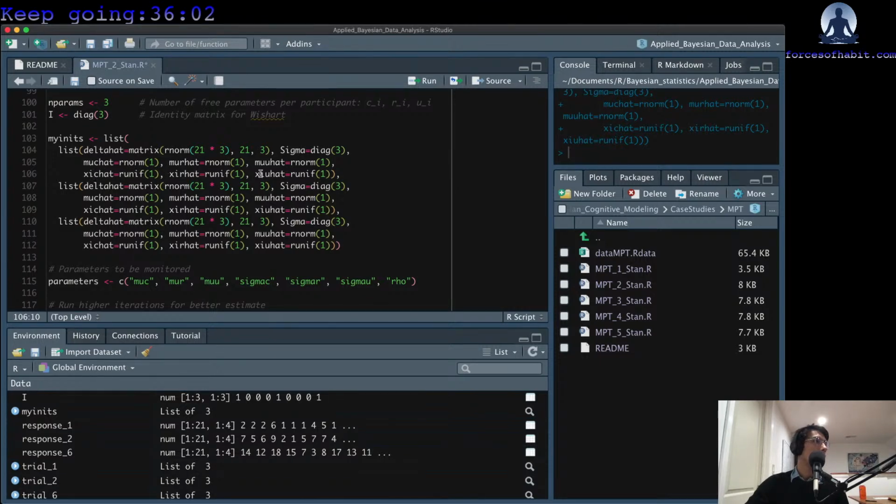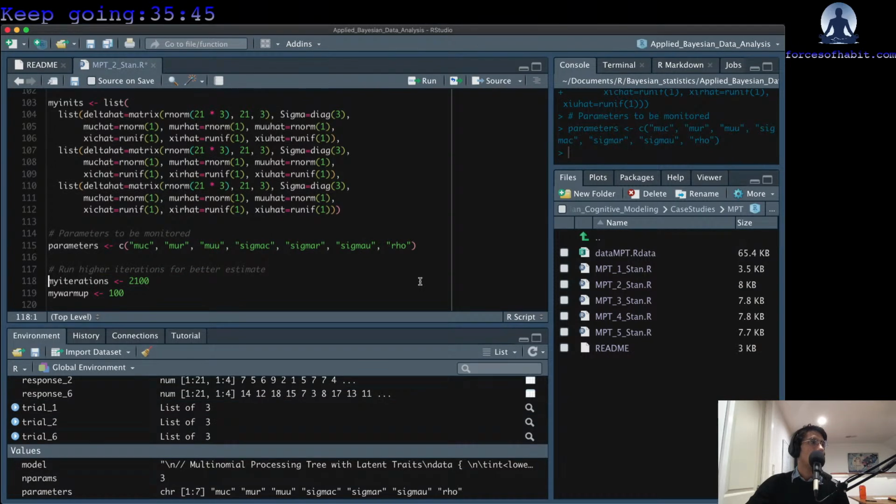So C psi, R psi. Okay. And then the parameters we're interested in are the averages, the variability across each of the main parameters, and the correlations.